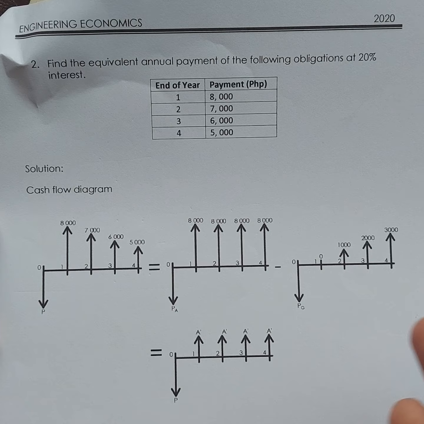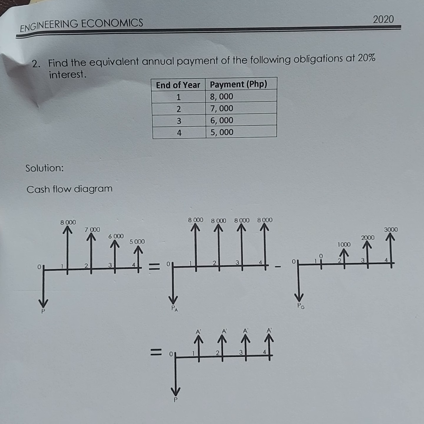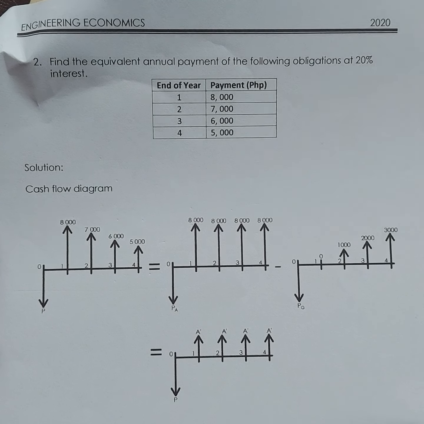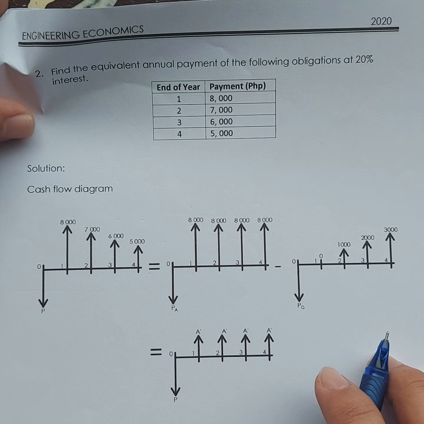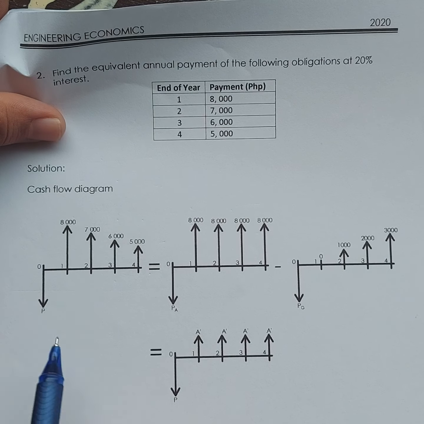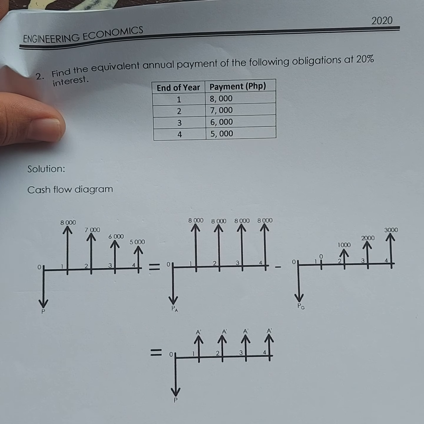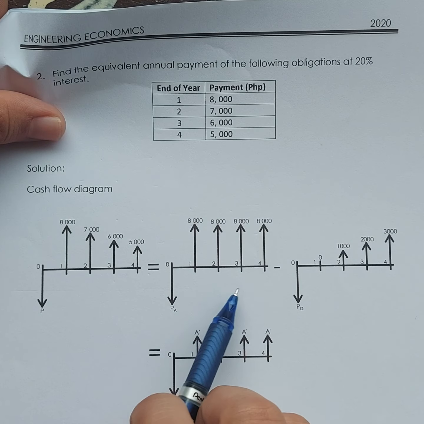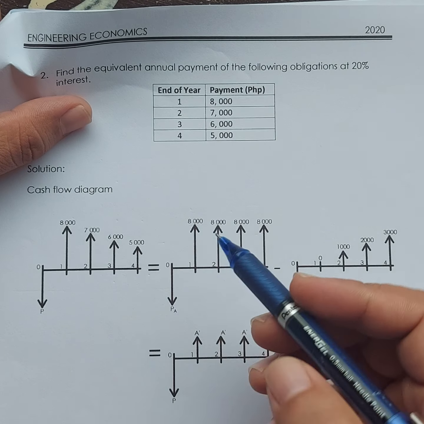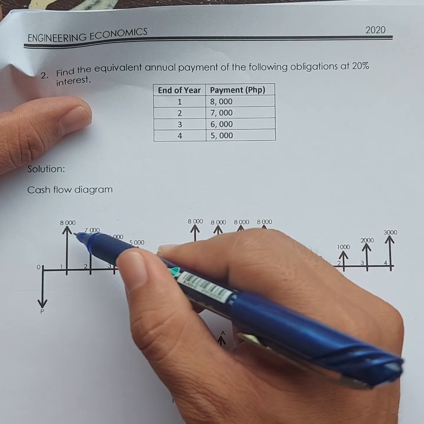This time, descending yung ating gradient. Yung slope natin is descending. So, the interval is obviously 1,000 pesos. So, we can divide this into 2 again, cash flows. So, we can extend itong 8,000.